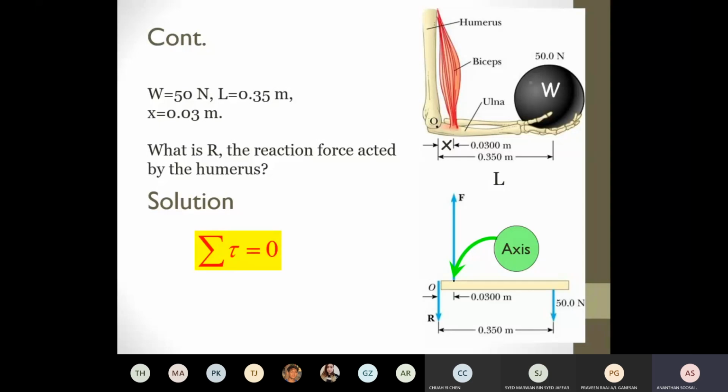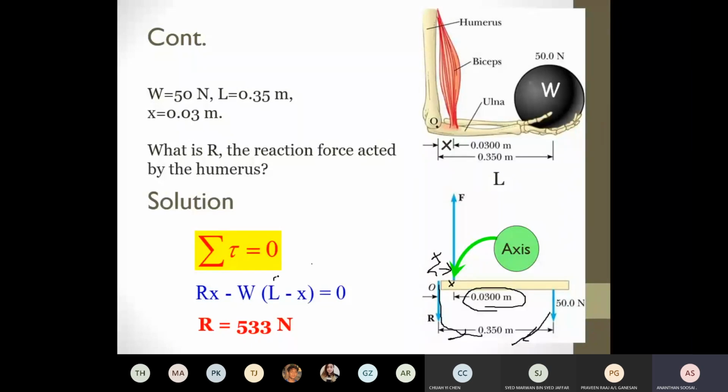Take moment about the point where F acts. The moment caused by R must be the same as the moment caused by the 50. So R times X, this perpendicular distance, equals W times (L minus X), 0.03. This value, so you can get R.